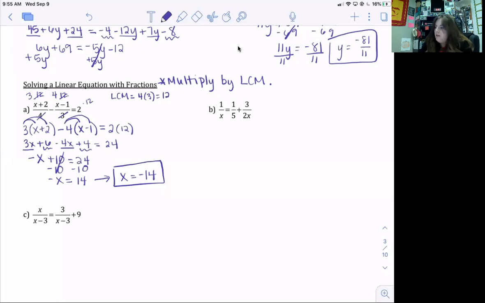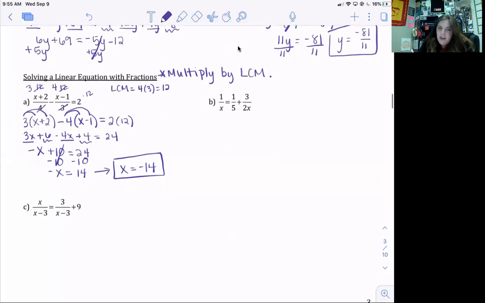Okay, so now looking at b, now we have some variables in our denominator. So we have 1 over x equals 1/5 plus 3 over 2x. So again, we want to find our least common multiple or our least common denominator, however you want to think about it. The key thing is we never want to repeat anything.